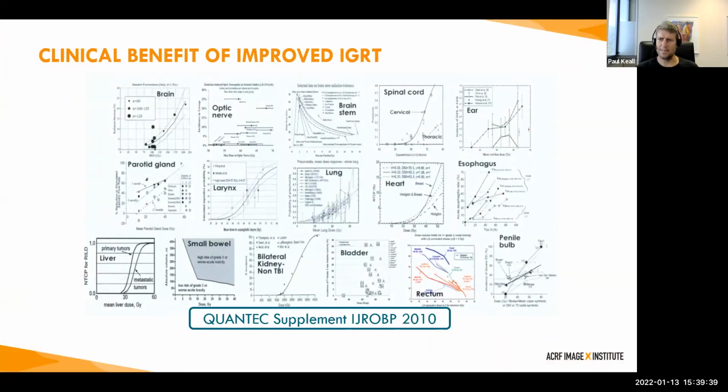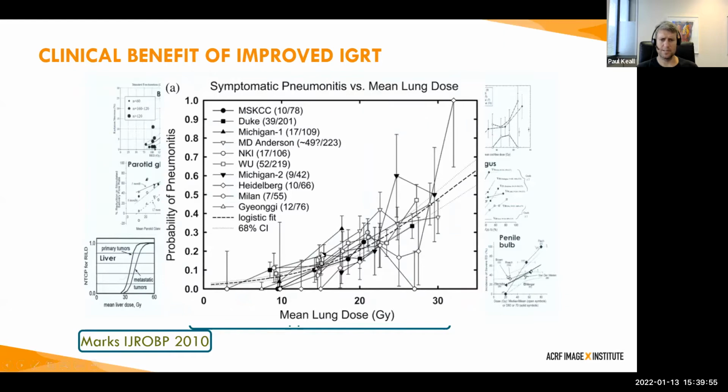There has been a study, from a 2010 series of research papers, looking at a number of different organs of the body and how they respond to radiation. If we take a look at one of those, this is the lung, showing the toxicity of treatment for lung cancer.